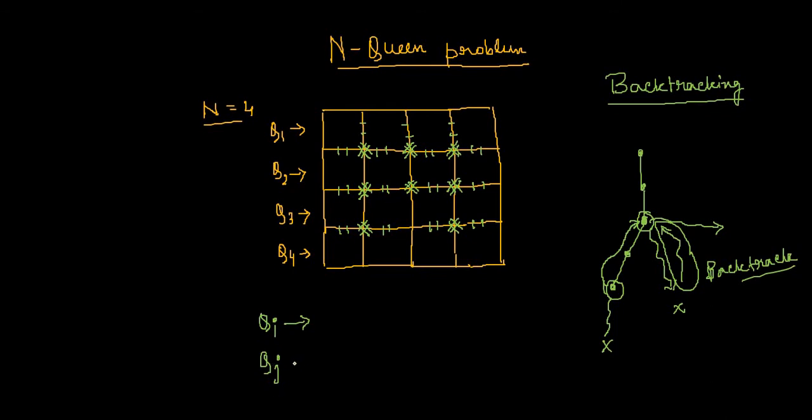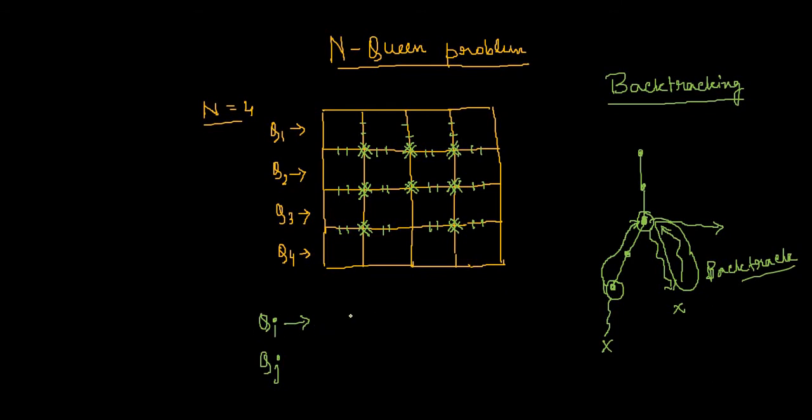What do I have to find out? If I place queen I in some cell of this particular palace and queen J in another cell, do I have any collision between queen I and queen J or not?